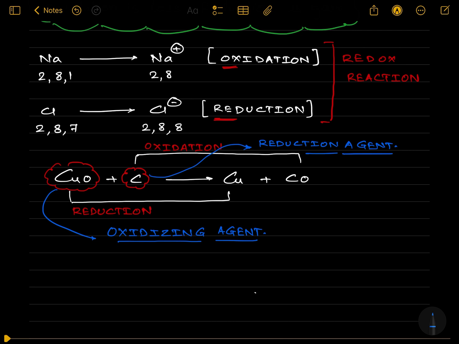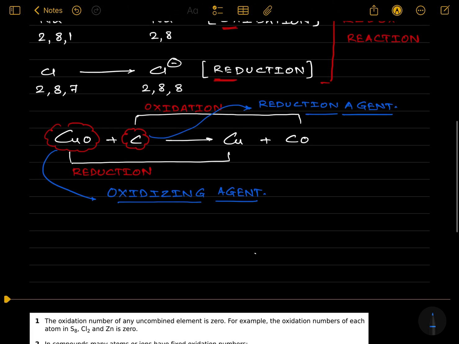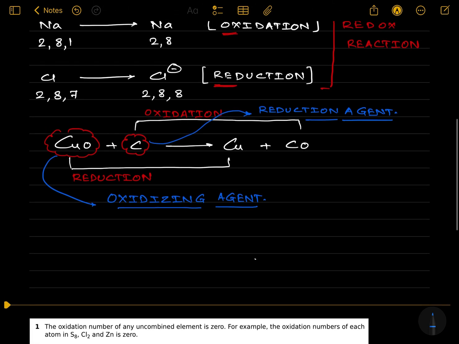Once again, a substance undergoing reduction would be referred to as an oxidizing agent, and a substance undergoing oxidation would be referred to as a reducing agent. So simple. Just remember it's vice versa. If someone is undergoing oxidation, someone will undergo reduction. The one undergoing reduction acts as an oxidizing agent. The one undergoing oxidation is referred to as a reducing agent.